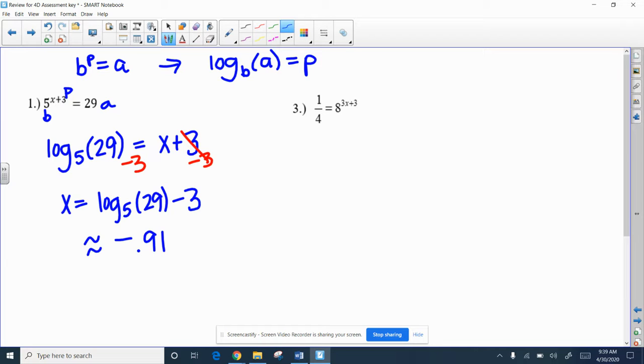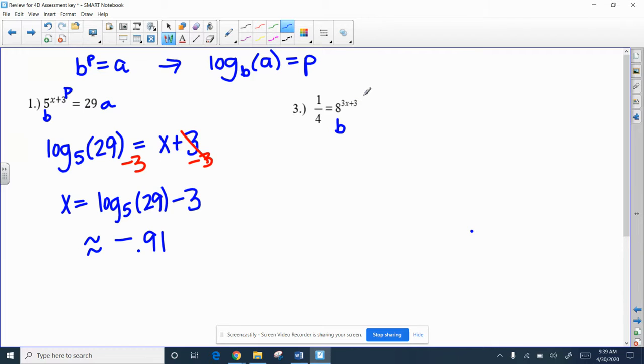The next one is also exponential form. So we need to change it to logarithmic. Step one, we got to make sure the base and the exponent is by itself. So step one is to isolate. Step one is actually already done on this one as well, but it's in a little bit different order. On this one, the base is 8.